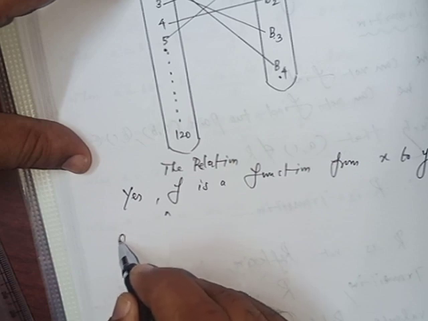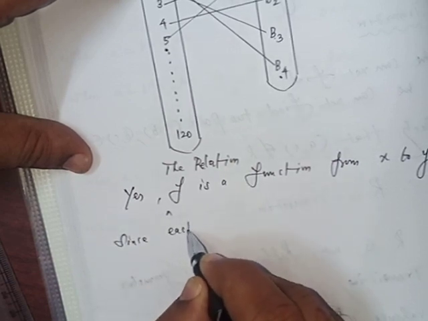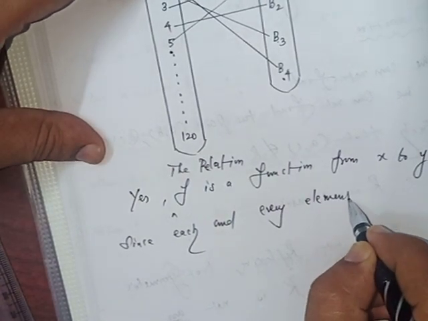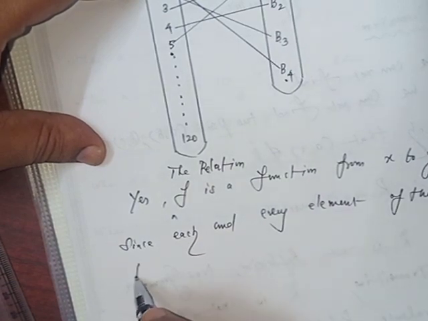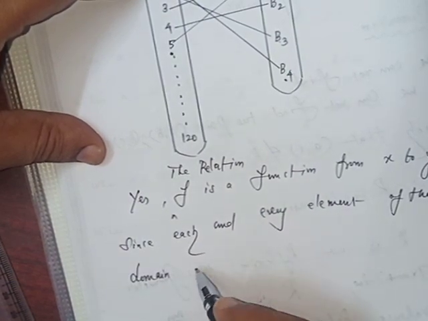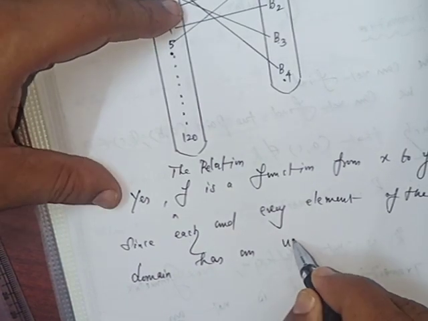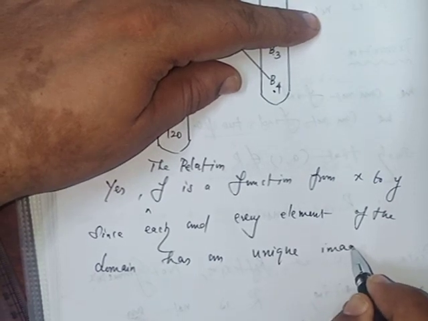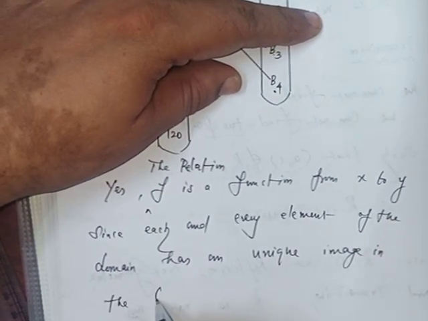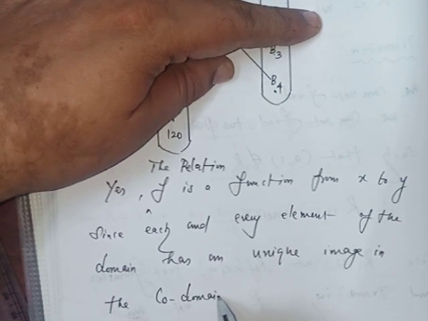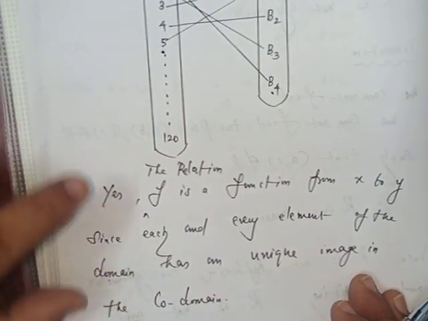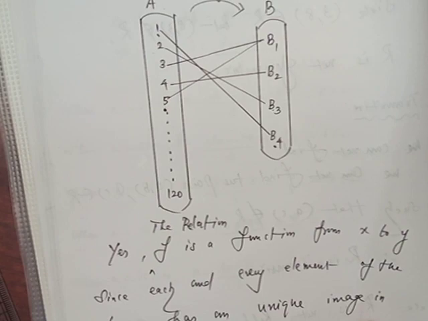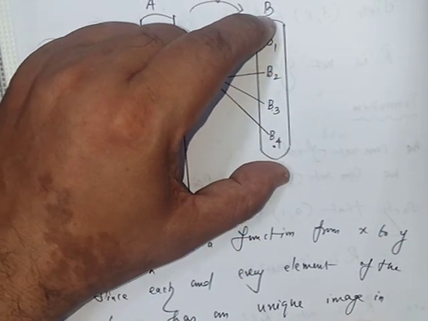We can write the reason also: since each and every element of the domain has a unique image in the codomain. Here the domain represents a student, set of students, and the codomain represents set of sections.